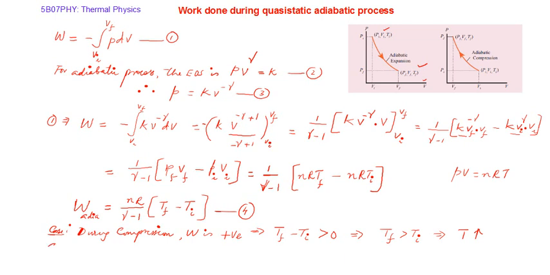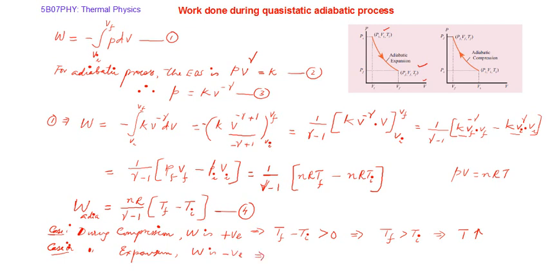And you can consider the reverse of the case as case 2, during expansion. So automatically you will get the reverse. W is negative, that is our convention.